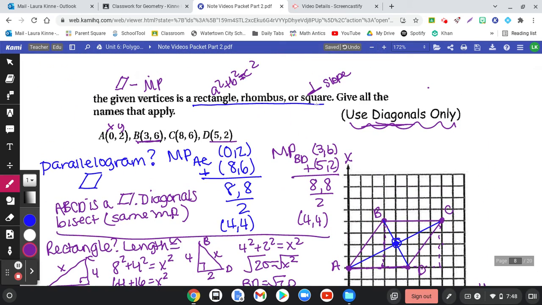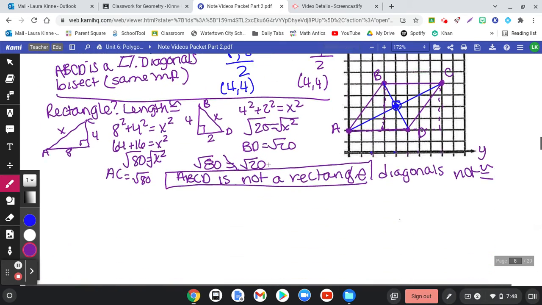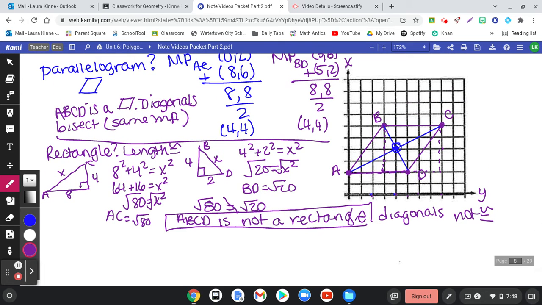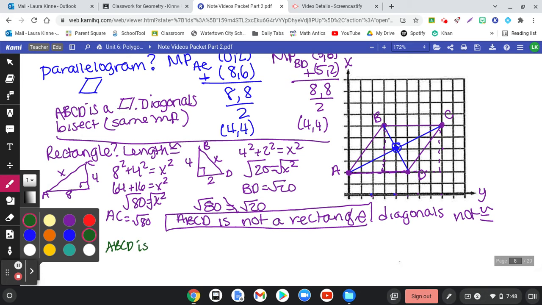Well, now we got to figure out if it's a rhombus or a square. Well, I already know it's not a square. Why is it not a square? Because it's not a rectangle. In order to be a square, it has to be a rectangle. So I'm going to make that statement now. ABCD is not a square.